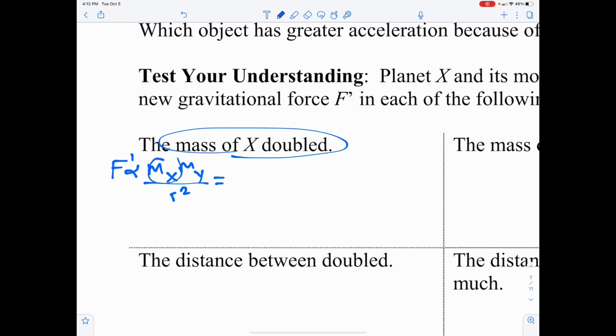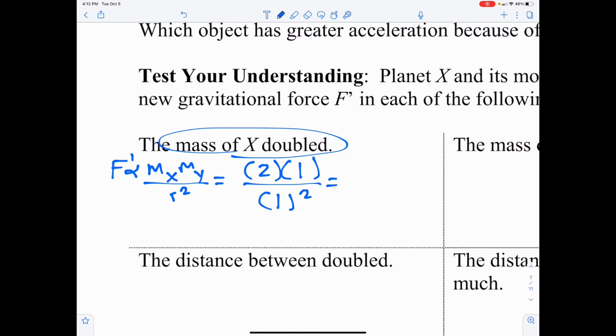So in place of mx, I'm going to put the number 2 because doubled means 2. Now, we were only told that mass x doubled. That means mass y did not change. So I'm going to keep that as a number 1. Number 1 here indicates something didn't change. And the distance between the masses did not change either. Therefore, that is also a number 1.